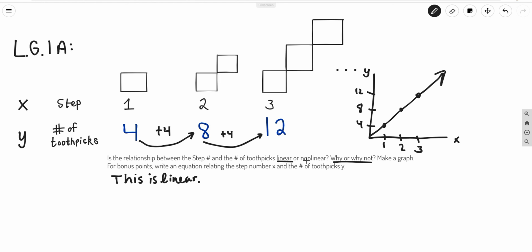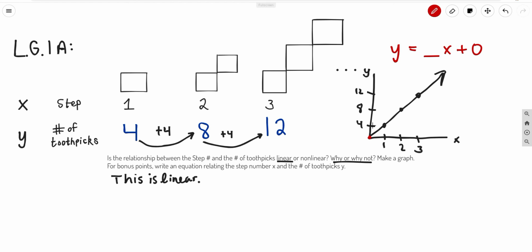And just for bonus points, you could write an equation relating x and y, the step number x and the number of toothpicks y. And that would be, well, we can see that our y-intercept is 0. So we'll have y equals something x plus 0.